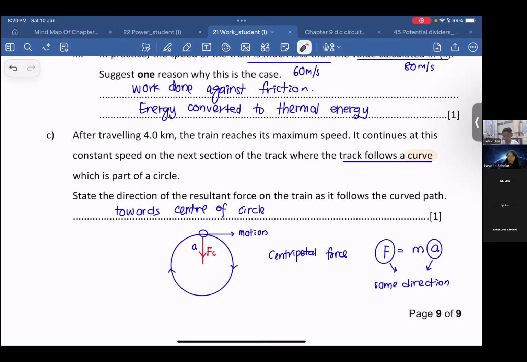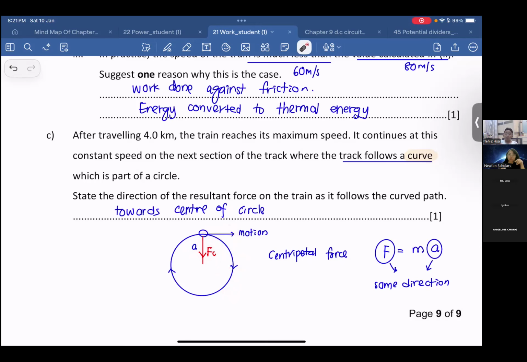But because the centripetal force is pulling it, it keeps changing direction and moves in a circular path. But if one day the centripetal force is not enough to hold it, the object will go in this direction.